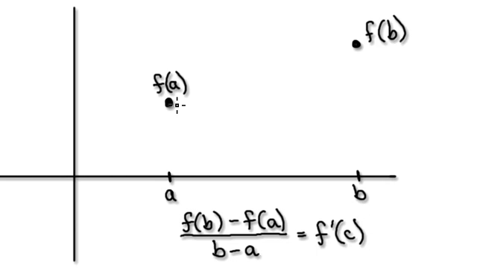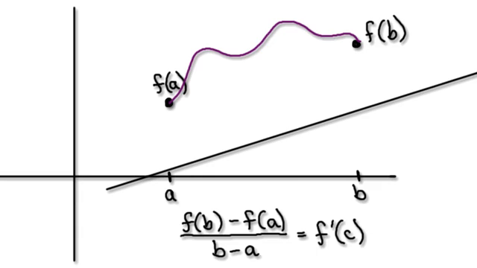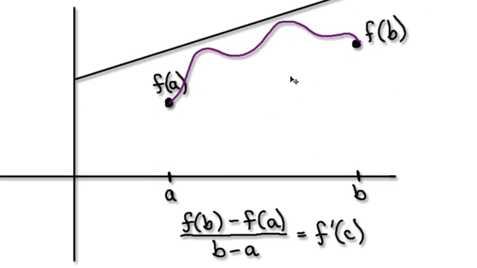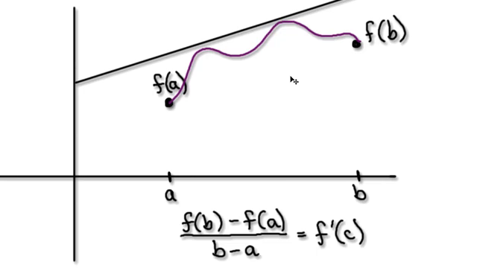So no matter what function you draw, there must be a c somewhere in between that will be the same as the average. Let me move it all the way to the top and then move it down here.